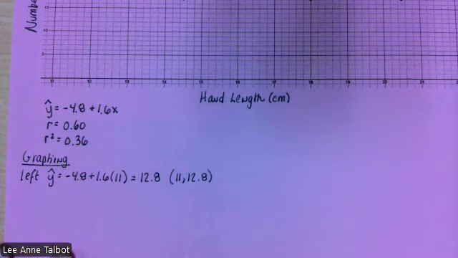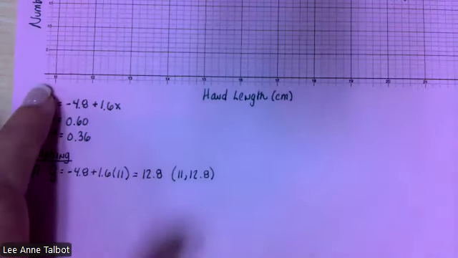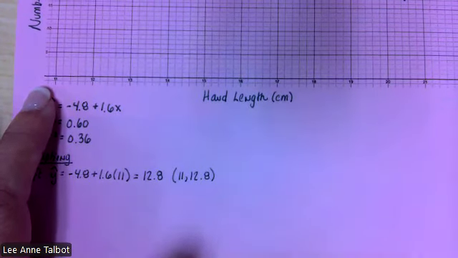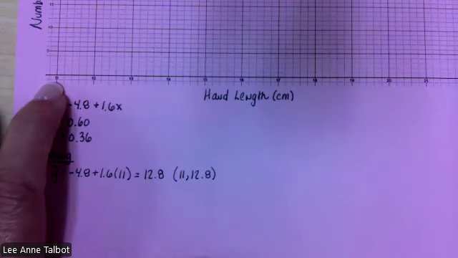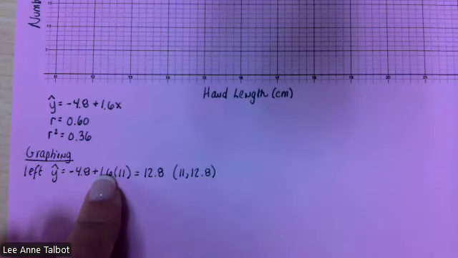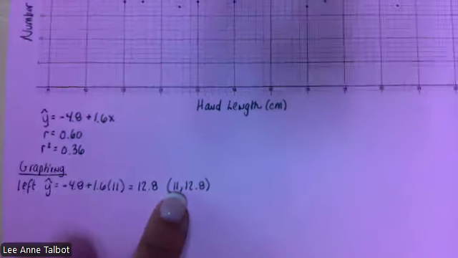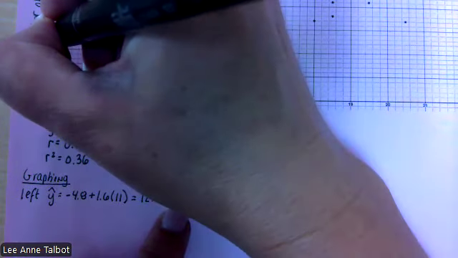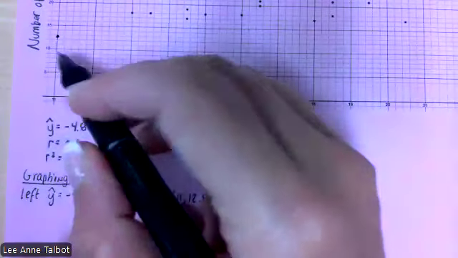Yeah, I'm plugging in the left side of the graph so that I can find a point for my line. The very left side of my graph paper is 11. So I plugged in 11 and I got 12.8. That means I can graph the point (11, 12.8).